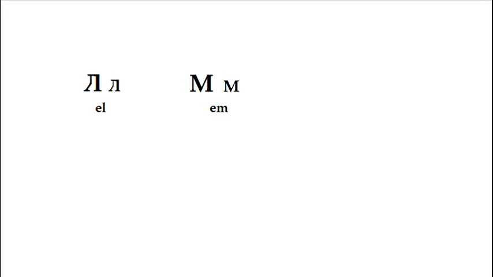Now, we run into our next letter, our last letter that we're going to cover here. It looks like an H, right? There's a few Russian letters that look like an English letter that's not that letter. So this looks like an H, but it's not an H. It is actually the Russian N. N. Okay, just like N and net, like we caught the fish with a net, it's an N sound.